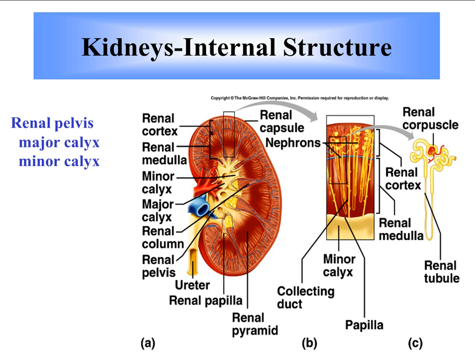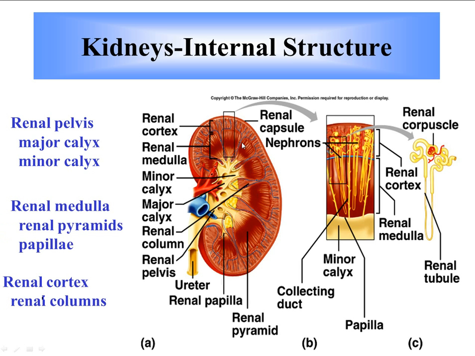One would be a calyx. Okay, so the major calyx is this larger area beyond, a little bit smaller than the pelvis, but larger than the minor calyx, and then as you move this direction, you come into the area of the minor calyx. This is a minor calyx, this is a minor calyx, major calyxes, and then the renal pelvis is this area.